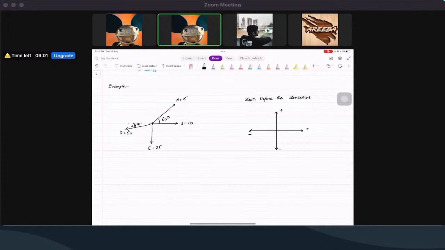Once you have the directions, you're going to break the vectors. If I look at A only, and I want to break A into its components, where would the components be?